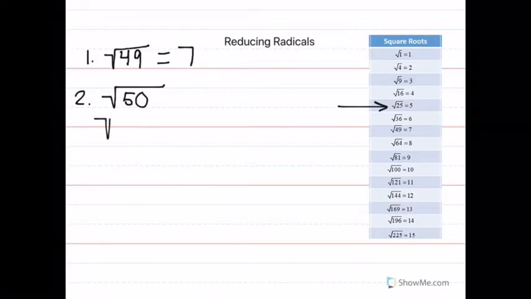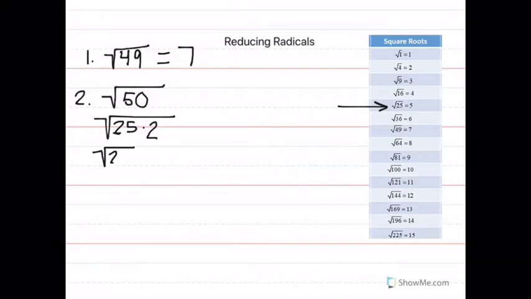According to the rules of the radicals, I'm allowed to rewrite square root of 50 as square root of 25 times 2, because 25 times 2 is 50. Also, I'm allowed to break it apart into square root 25, square root 2.